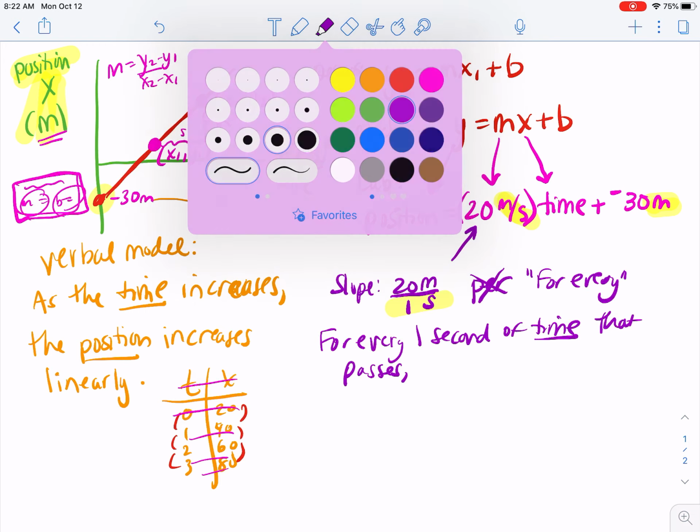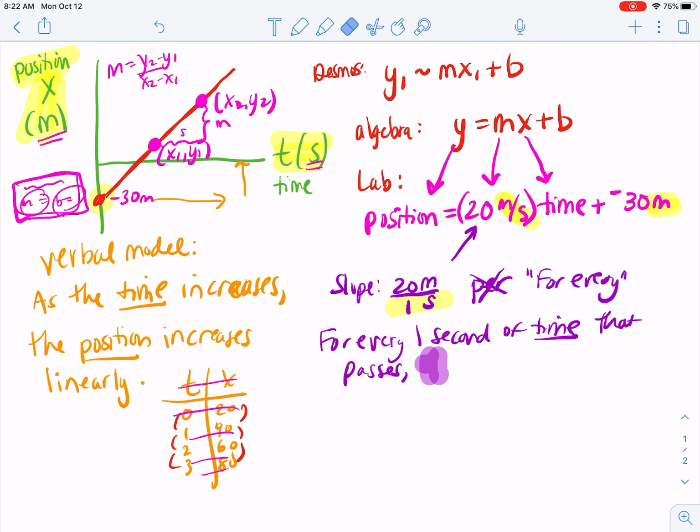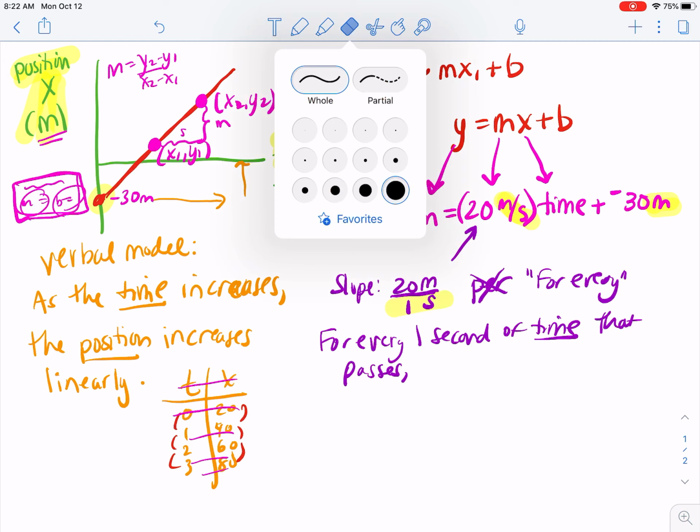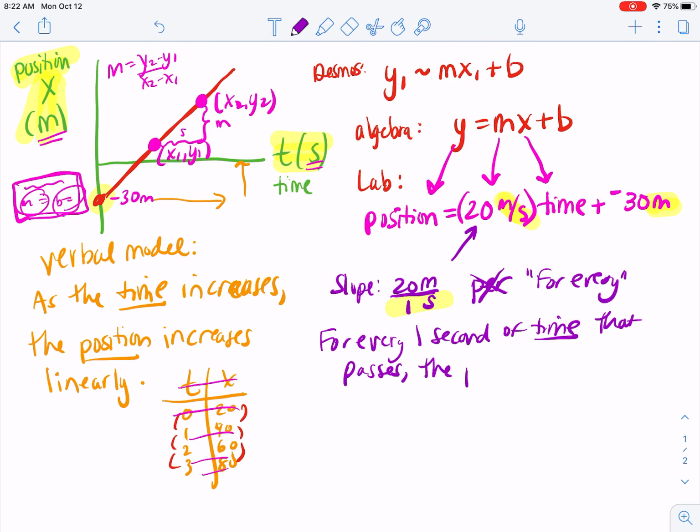And then our other variable is the position, and it increases, because it's a positive, by 20 meters. So that gets that idea that as 1 second passes, it goes 20 meters. Another second, another 20. Another second, another 20.